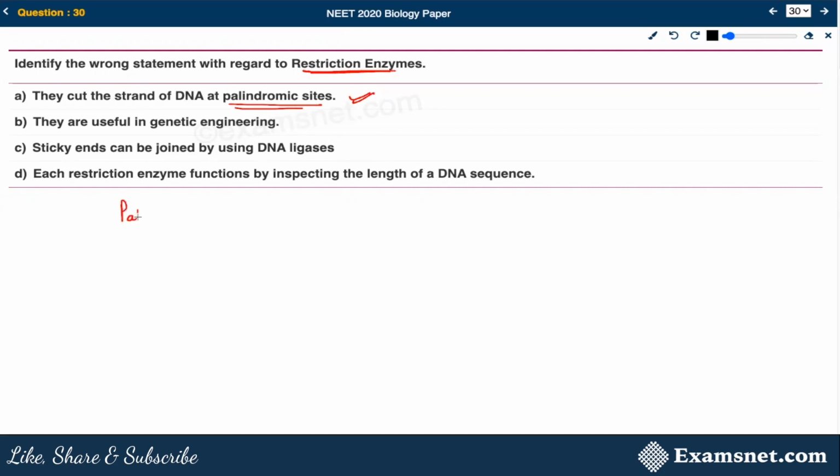So if you read from here or from here, both will remain the same. These are called palindromic sites. All right. So this is the correct statement.